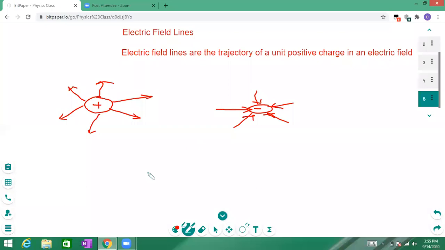But if one positive charge is present here and one negative charge is present here, they are near, then the trajectory of the unit positive charge will be like this.